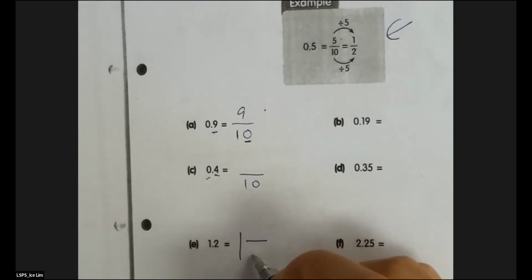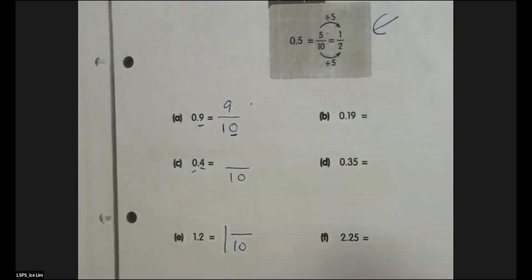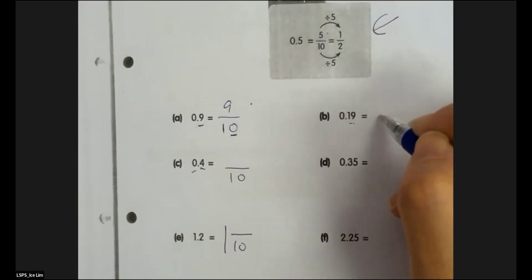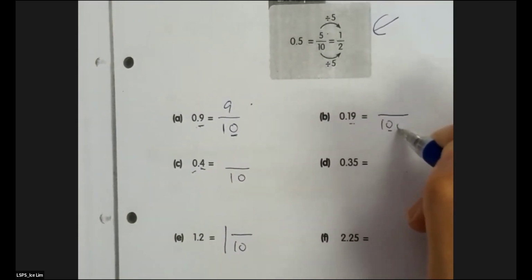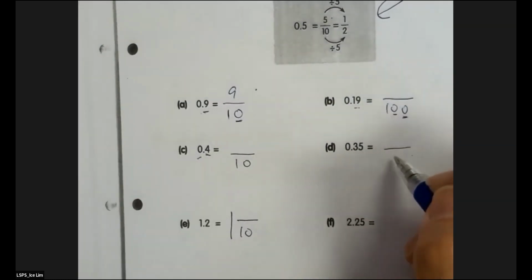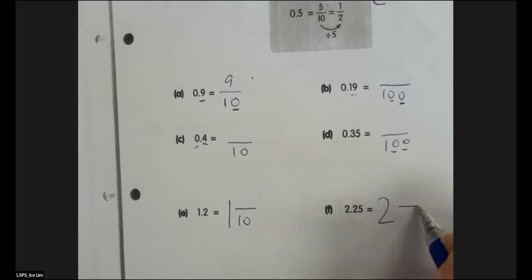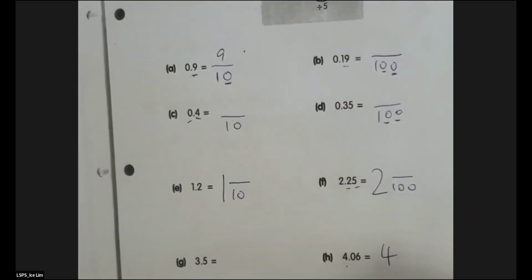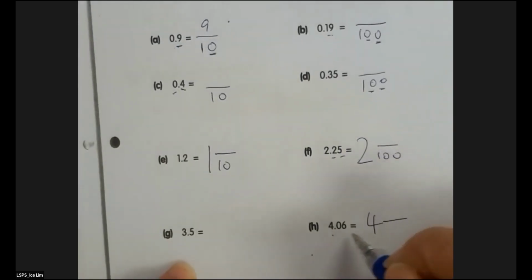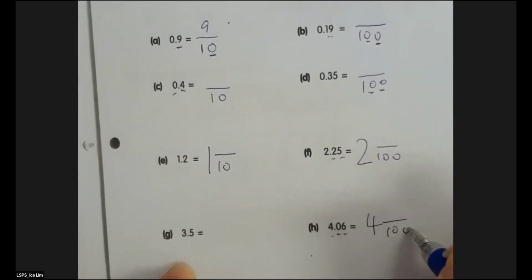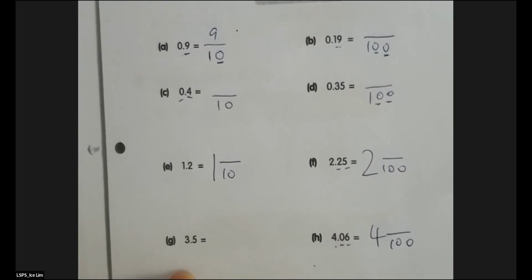One place, so two places, so denominator 2 zeros. Keep the whole as it is, denominator 2 zeros. I'm doing a shortcut method. I'm not doing a lot of explanation here because this is P4.